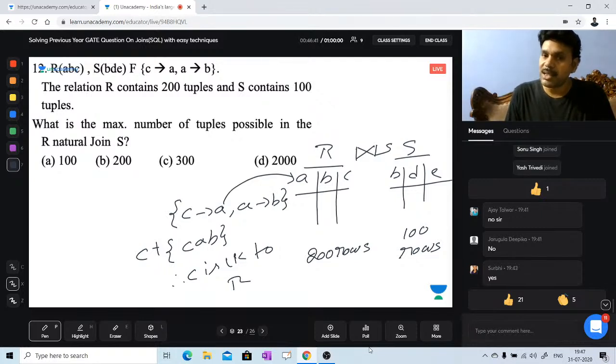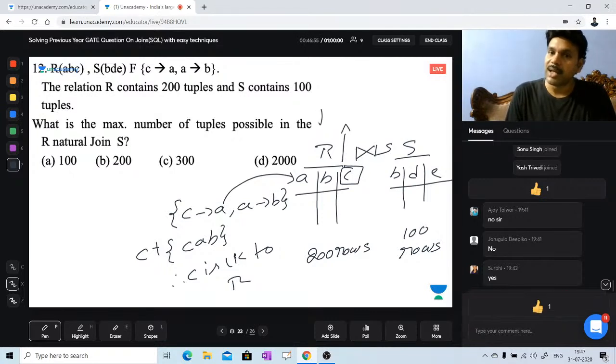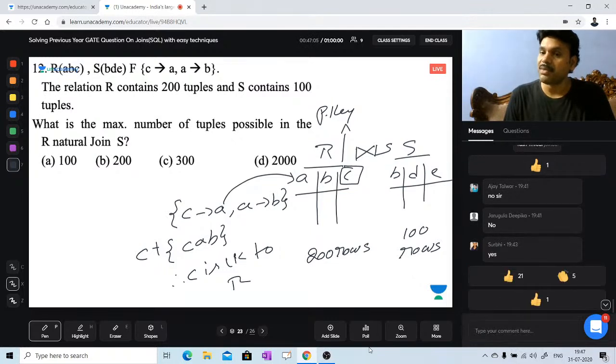When I say C is the candidate key and C is not on this side, please understand, C is not there. If C were there, I could consider it a primary key, and if a common column were there, I could guess that there is a foreign key. But here no such C is available.